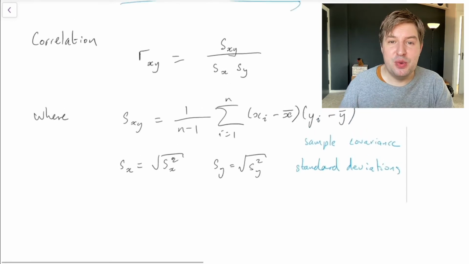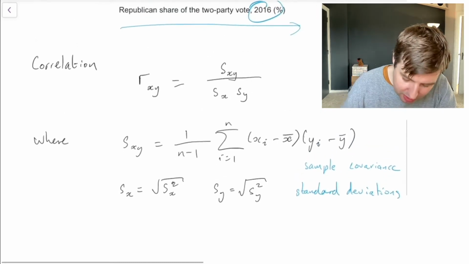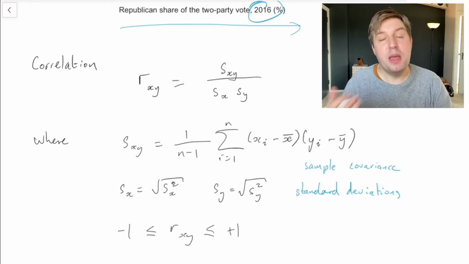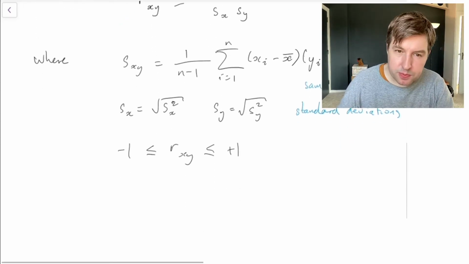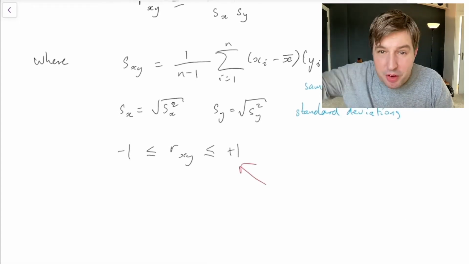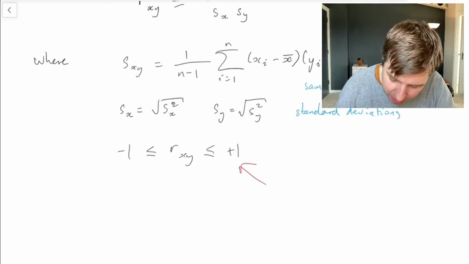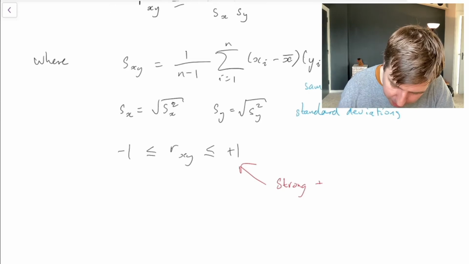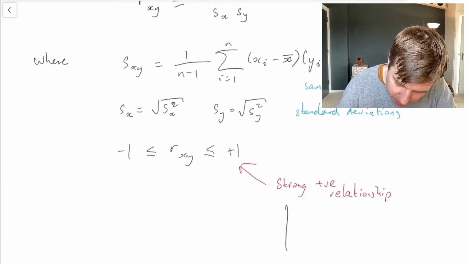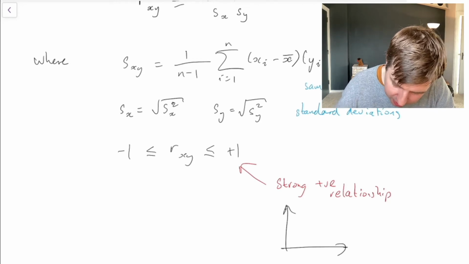One thing that, in fact, you will prove yourself on the problem sheet is that Rxy takes values between -1 and +1. So the biggest it can be is +1, the smallest it can be is -1. If you get a result like +1 or +0.9, some very high, close to 1 positive number, that means there's a strong positive relationship, by which I mean that all the points are very close to a straight line with positive gradient.